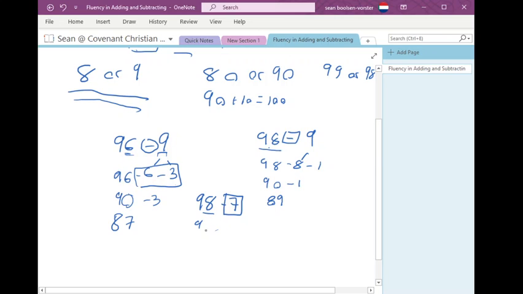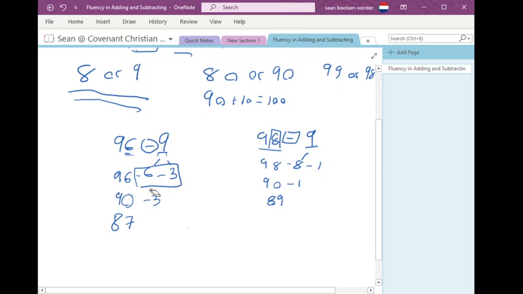So it'll actually be 91 ultimately, right? So that's just something that you need to be aware of, that you're not always going to do this. You've got to check first that you're subtracting by more ones than are in the ones column here before you break this up. Now, just as before, you can end up subtracting.